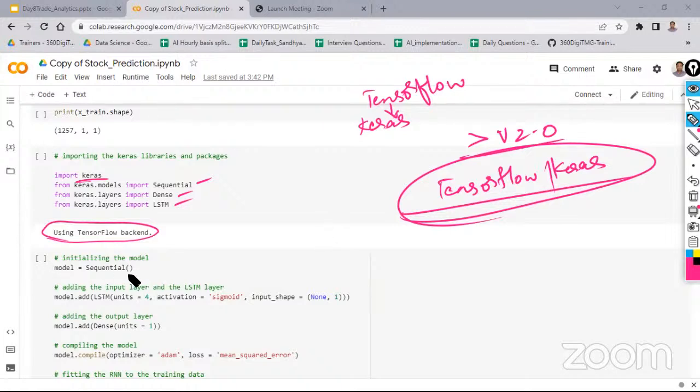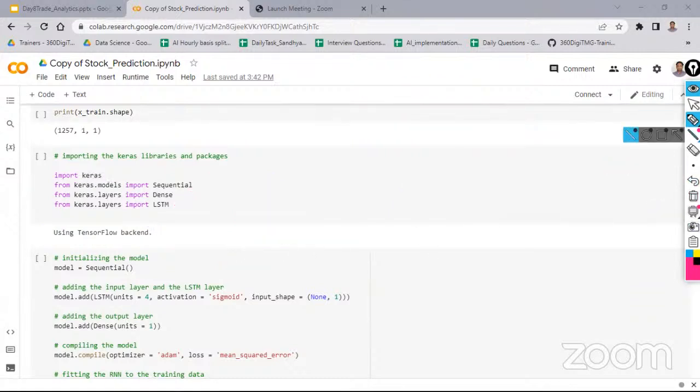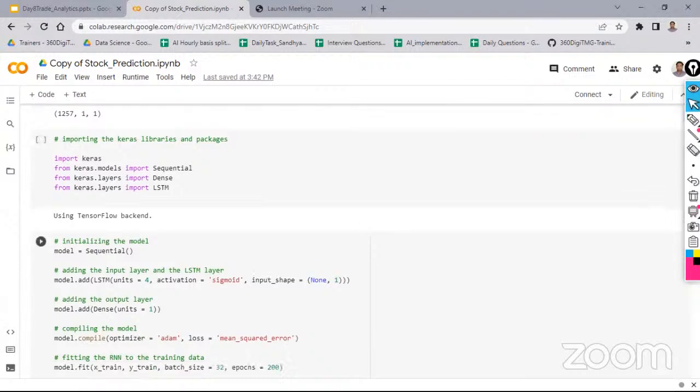So now we initialize the model as Sequential, like first the input layer, next the hidden layer, and then the last output layer. So like this, you'll have a network in a sequential format.